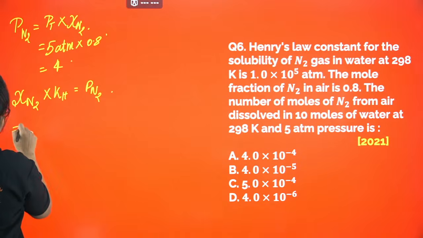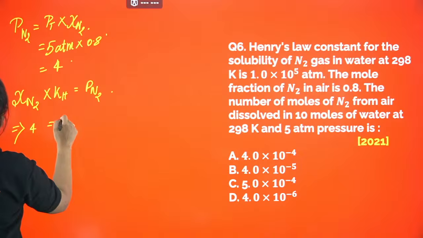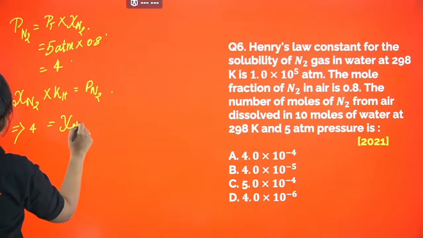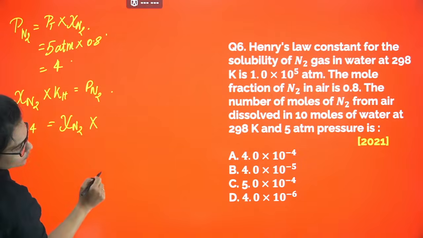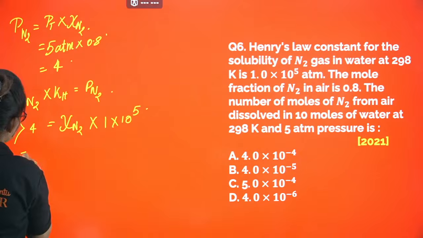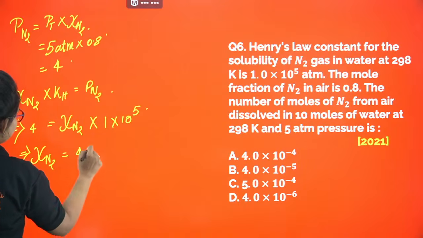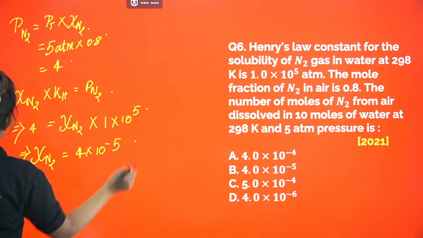So from here if I just put everything, 4 equals to mole fraction of N2 that I have to calculate into 1 into 10 power 5. From here mole fraction of N2 will come 4 into 10 power minus 5, right?